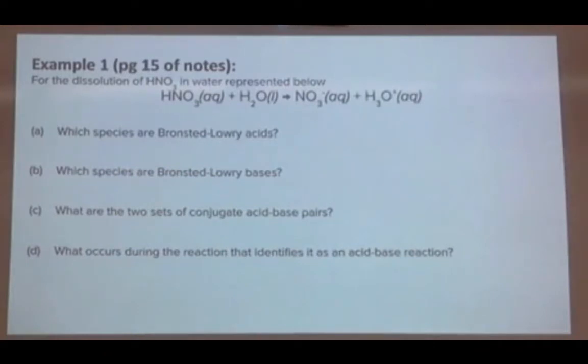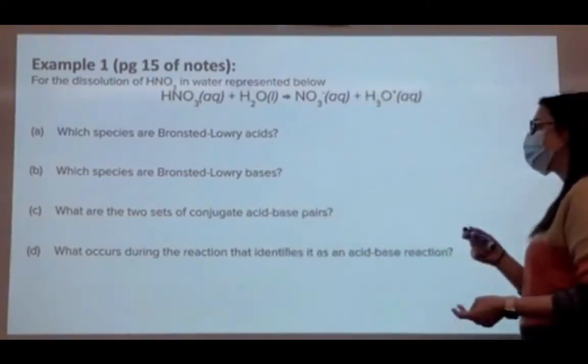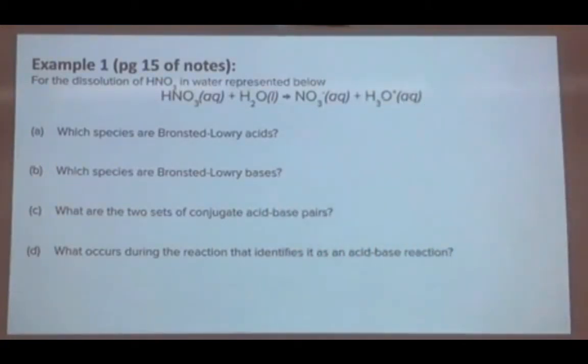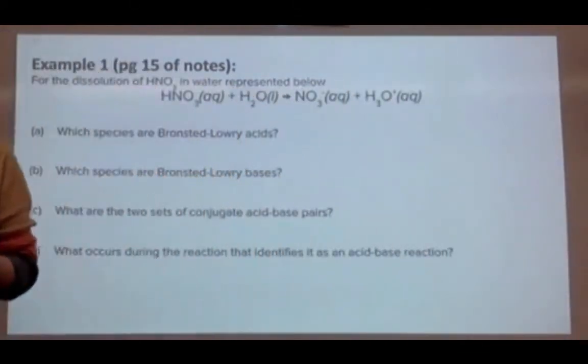For the dissolution of HNO3 in water represented below, which species are Bronsted-Lowry acids, bases? We're going to look at conjugate acid-base pairs, and what occurs that identifies it as an acid-base reaction. College Board uses the Bronsted-Lowry definition of acids and bases much more than the Arrhenius definition.